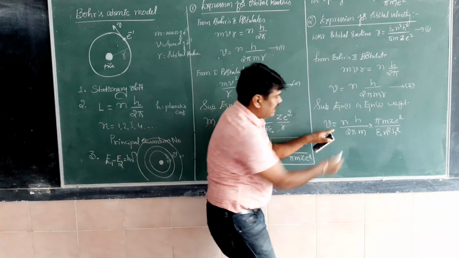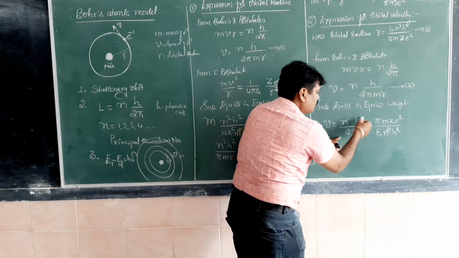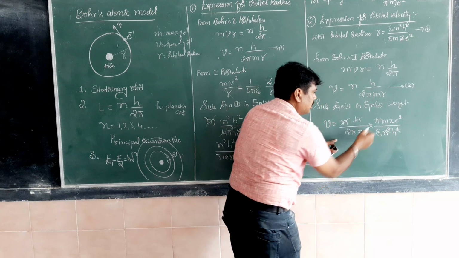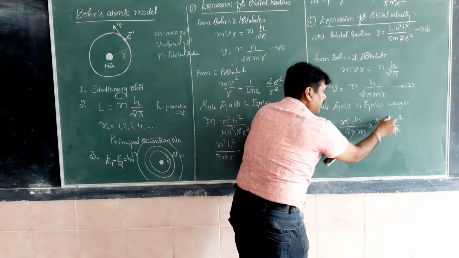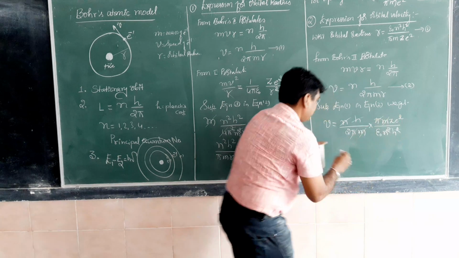Now strike out the terms which get cancelled: n, one n gets cancelled; h is there 2 times, 1 time gets cancelled; pi gets cancelled; m gets cancelled. Okay, write the remaining terms.